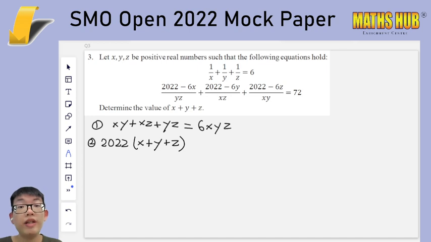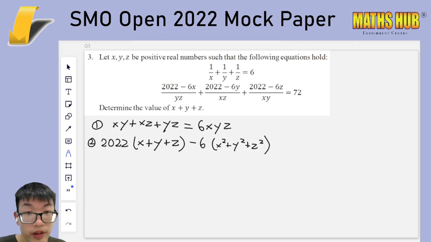And then you would have minus 6x squared minus 6y squared minus 6z squared, and this is equal to 72xyz.